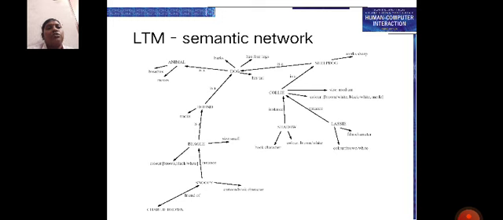A dog is also an animal which breathes and moves. And it is also a sheepdog, which works with sheep. If it is a collie, size medium, color brown, black, or white. So, based on this, a dog has different types of attributes, and what we have learned through our entire life comes under this network.